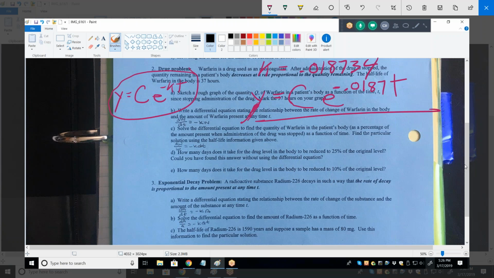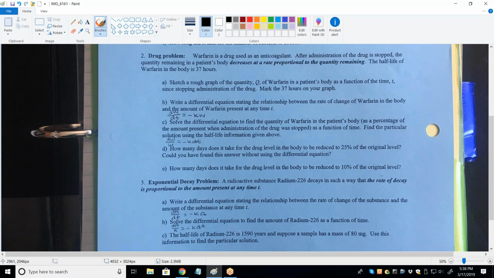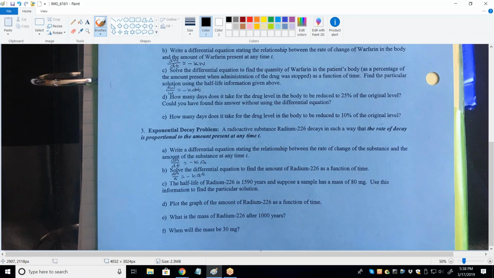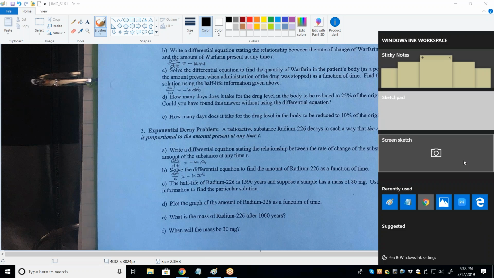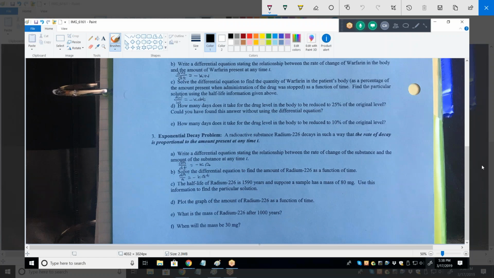All right, let's look at the next one here. Let me scroll down a little bit. Same thing. As we know, our initial equation is what? I just call it y.